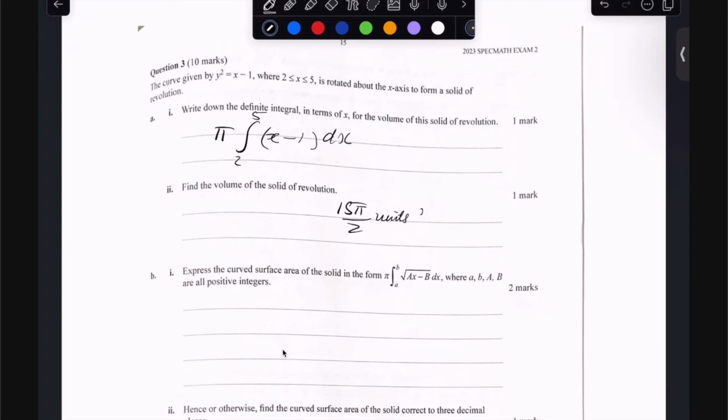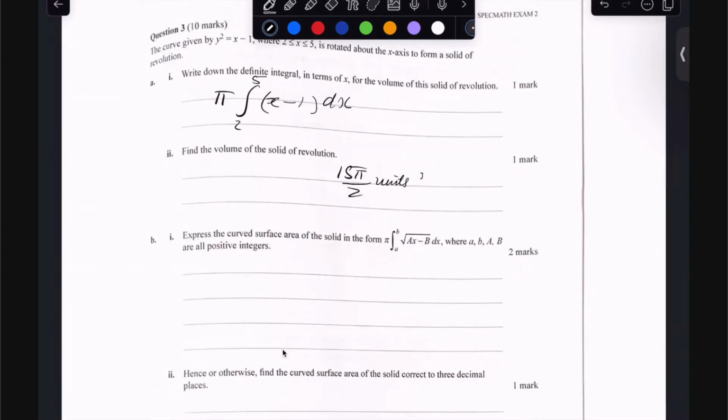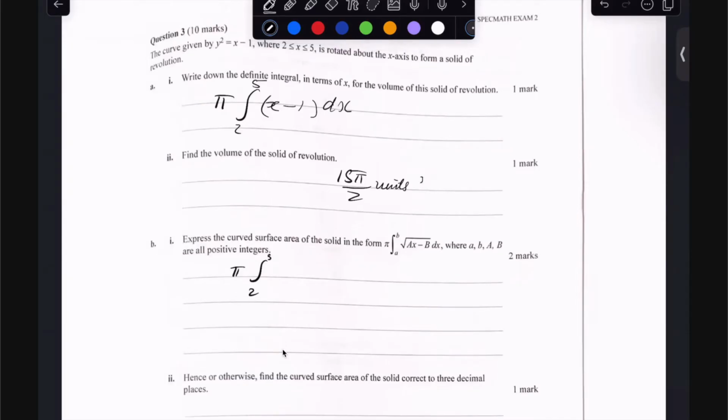Express the surface area of the solid in the form pi times that, where all of these are positive integers. And the formula for the surface area around the x-axis is pi times the integral from x1 to x2, so 2 to 5, of, sorry, no, it was 2 pi, and then times by x, no, was it y?